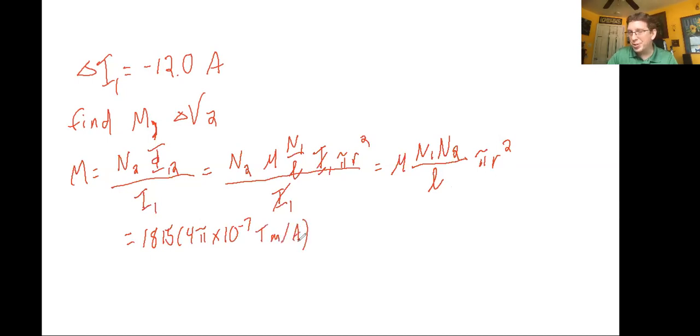And again, the pi terms will multiply together, not cancel each other out. You want the number of turns around the coil, so that's 225 and 115. And you're dividing by the length of the cylinder, which is 2.44 meters. So it's a very long cylinder.